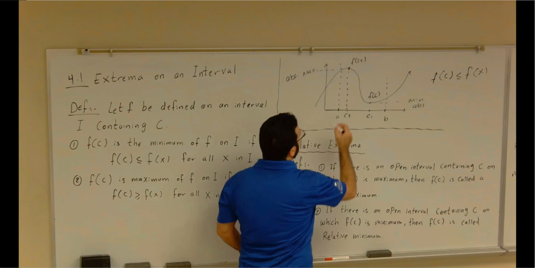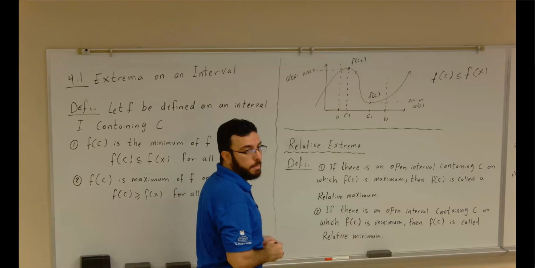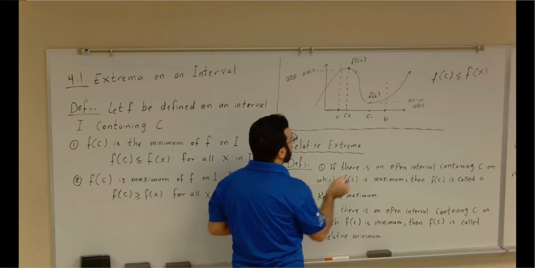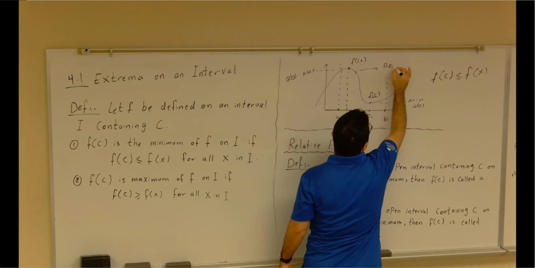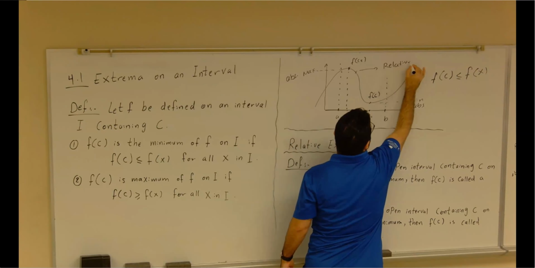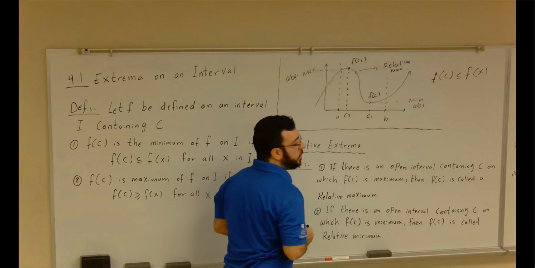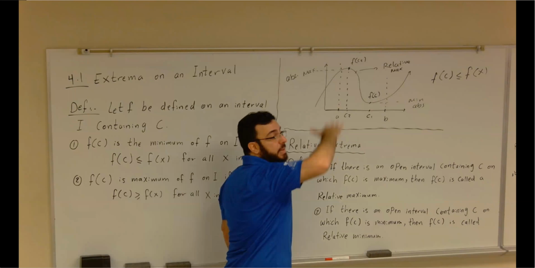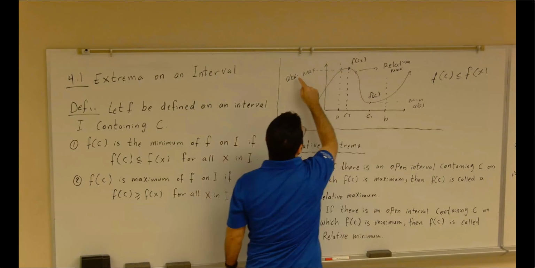Now, if you look at this point, it's also a maximum point. So we're going to call this one another max point, but we're going to call it relative max. It's also a maximum point, but it's not the extrema maximum. So the extrema maximum, we're going to call absolute maximum.